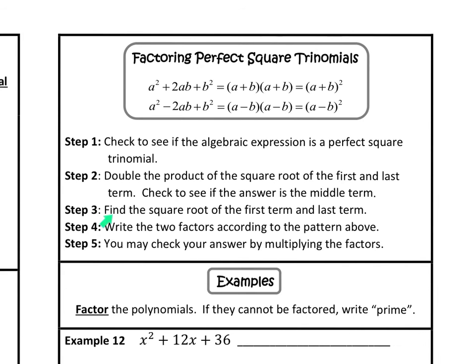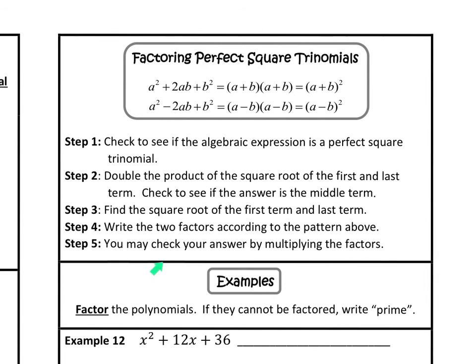And then step 3, find the square root of the first term and the last term, and write the two factors according to the pattern above. And then you may check your answer by multiplying the factors. Now, the checking part, we're not always going to check it unless you're not sure about your answer.